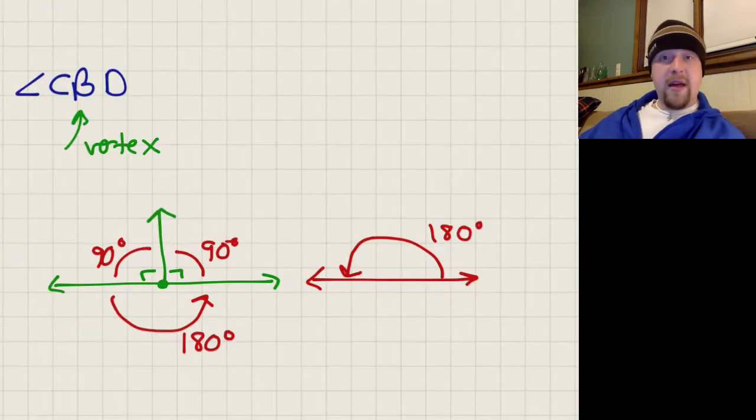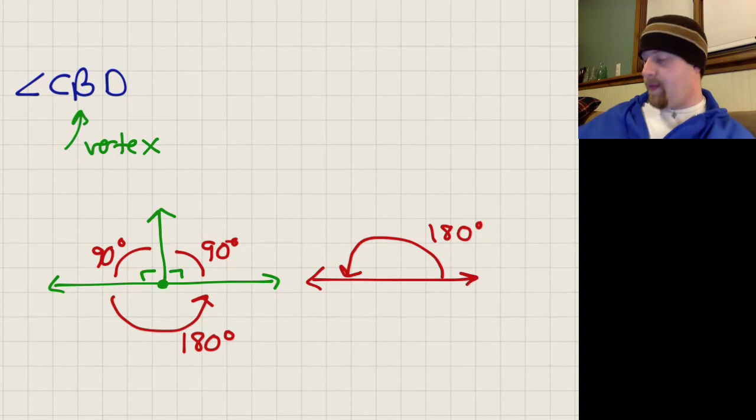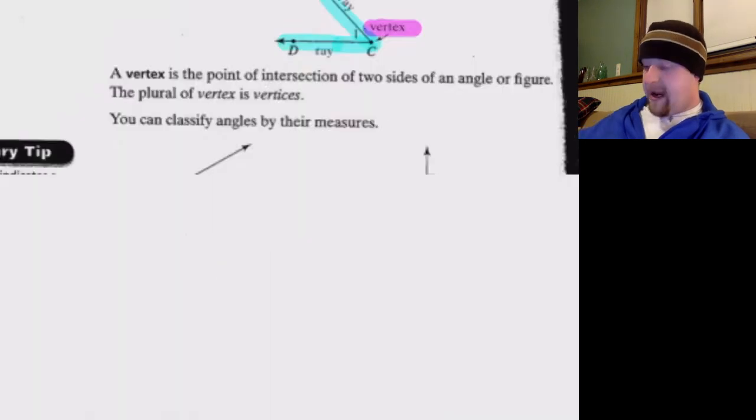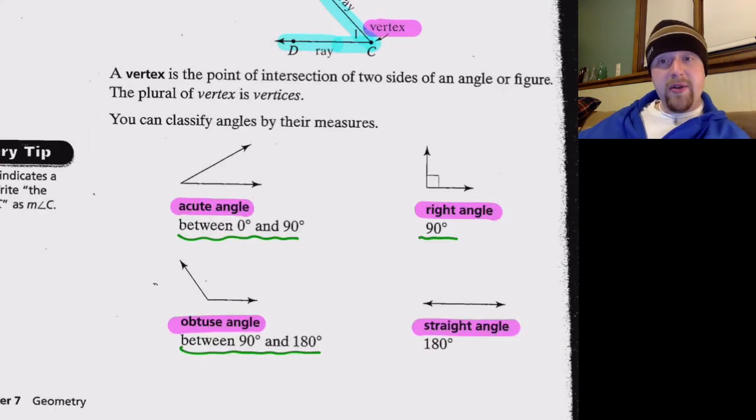A straight line adds up to 180 because it is half of a circle, which is 360. So this is how we have different angles. Acute angles are small angles. Right angles are angles formed by perpendicular lines. Obtuse angles are large angles. And straight angles are, well, straight lines.